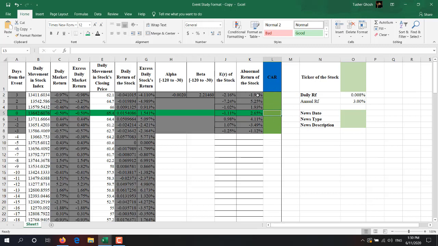Now these numbers are very low, so if everybody makes some mistakes, then ultimately our average cumulative abnormal return will be biased, and maybe will present some information that is not consistent with our analysis.